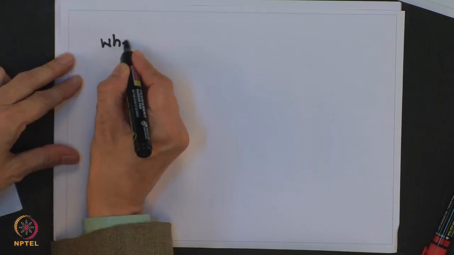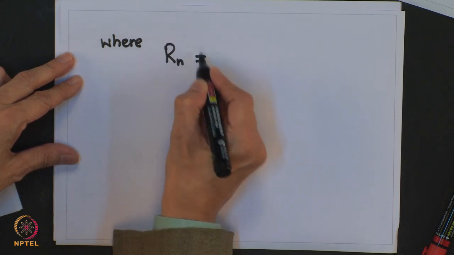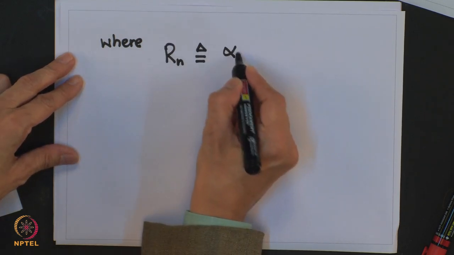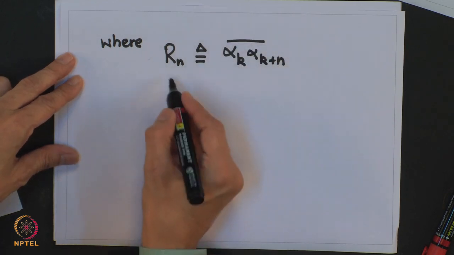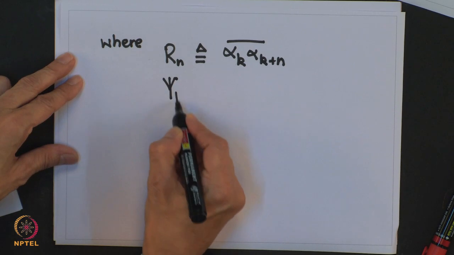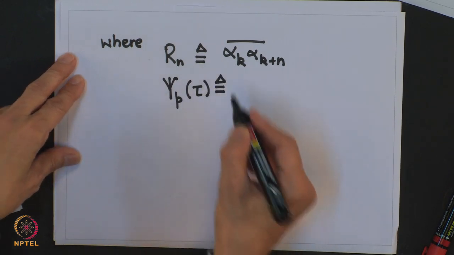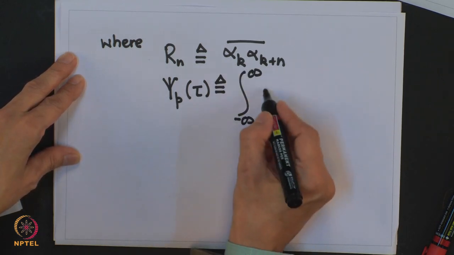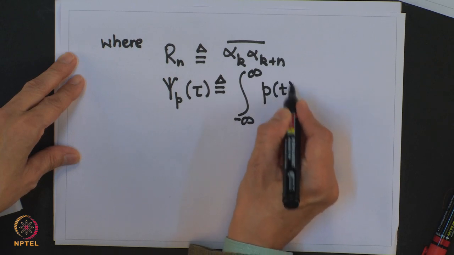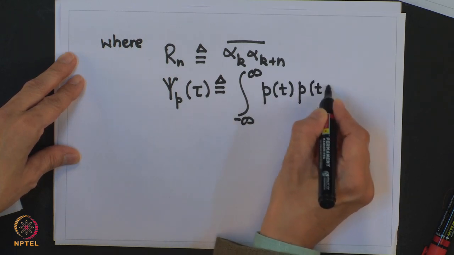Where R_n, as defined earlier, is equal to this quantity, and this by definition is the time autocorrelation of the pulse p(t).